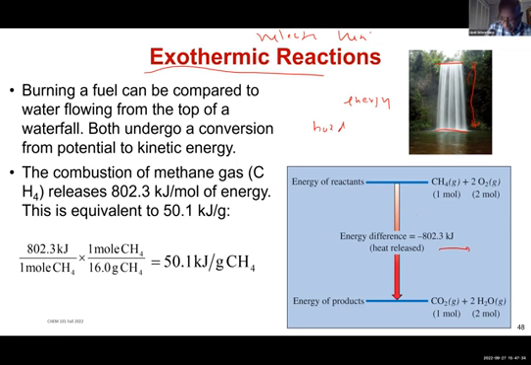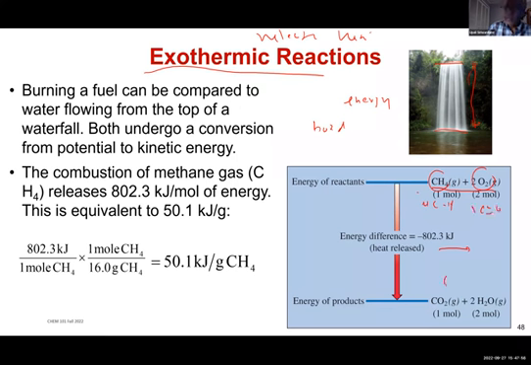When you burn methane in oxygen, potential energy in the bonds is released. Methane has carbon-hydrogen bonds, 4 of them.